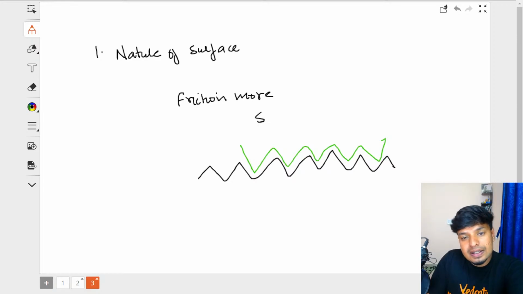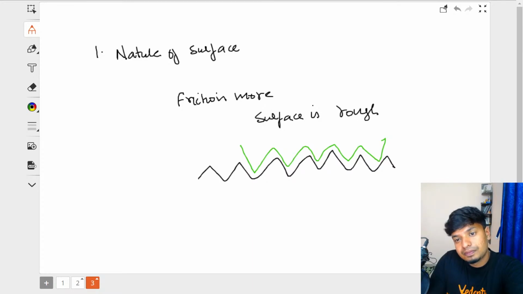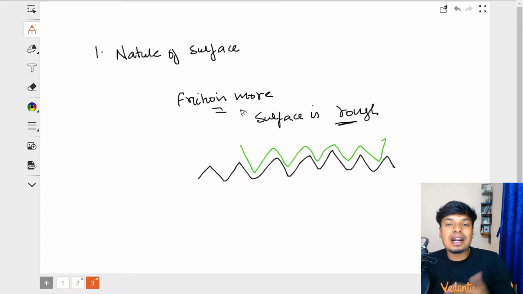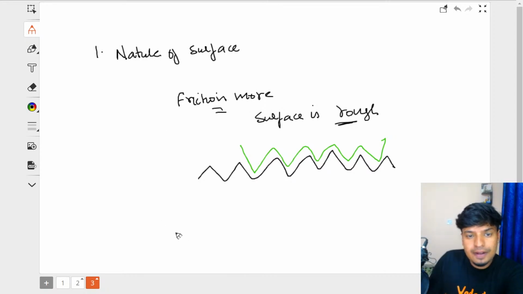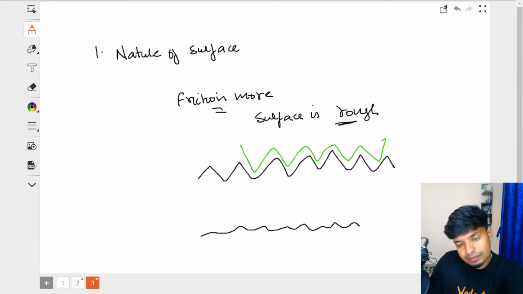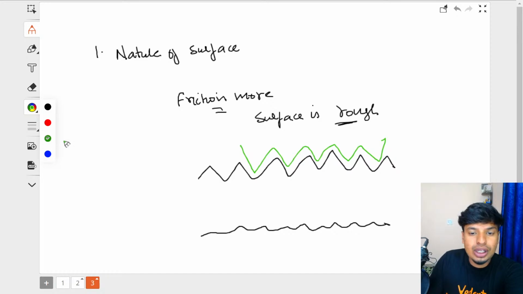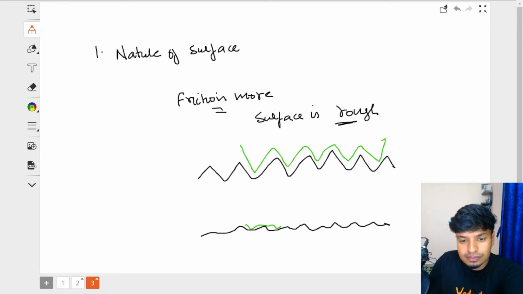So when the surface is rough, if you increase the roughness of the surface, you can increase the friction. If the surface is not rough, the surface is like this, interlocking will also be less, right?